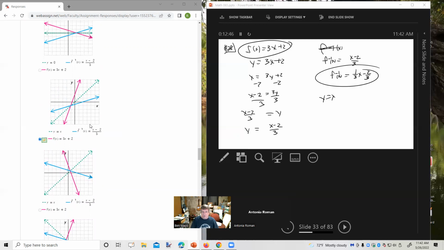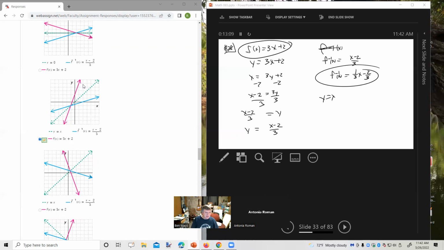Yes. Now f of x or y equals 3x plus 2 would have to have a y-intercept of 2. This one does. Let's see here. This one also does, and it's going up 3 and over 1.